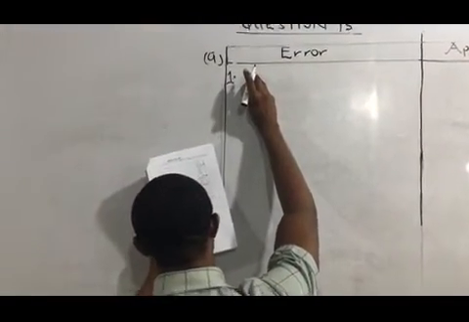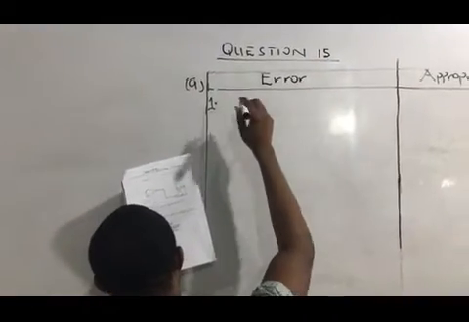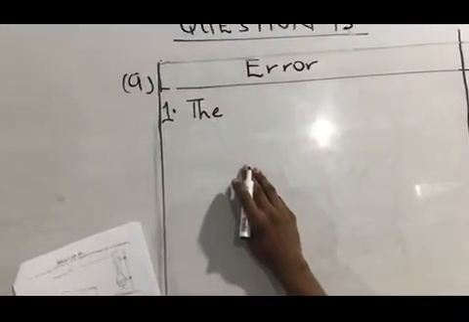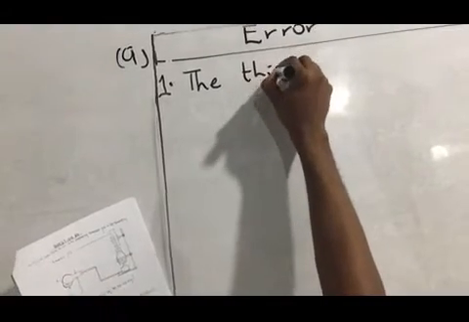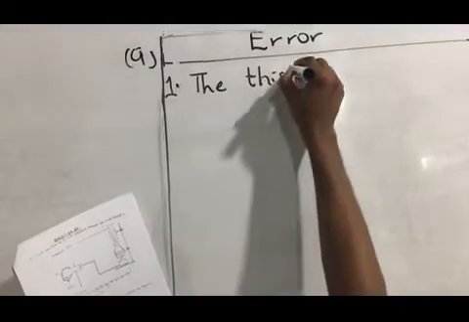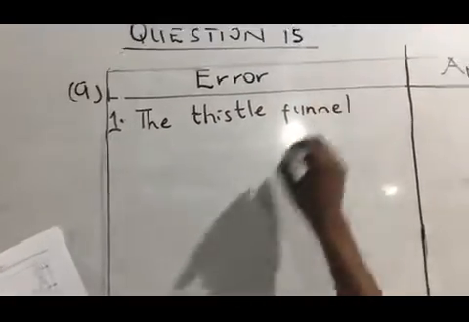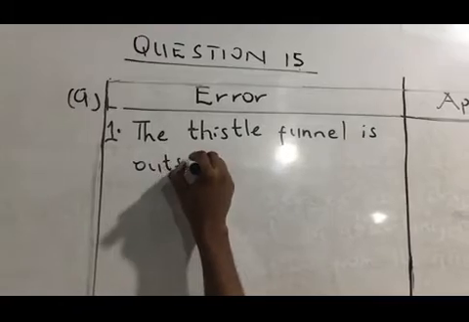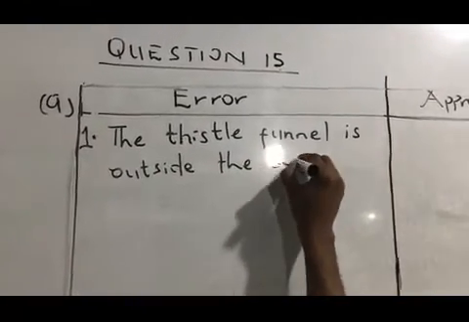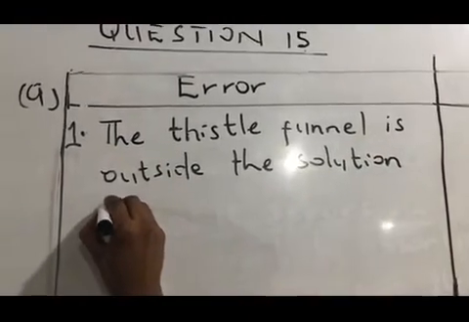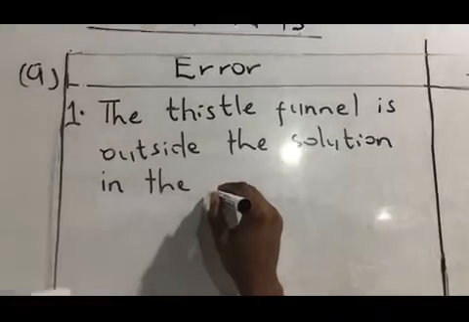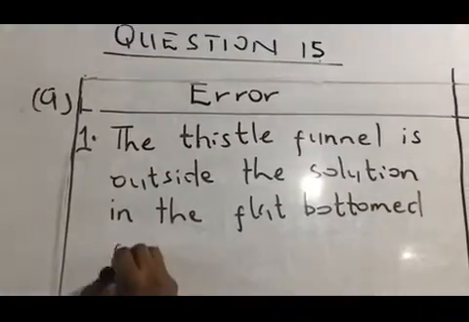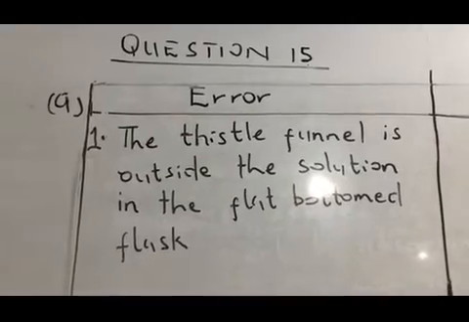So the part labeled M is outside the solution in the part labeled K. The tester funnel is outside the solution, the flat bottom flask.